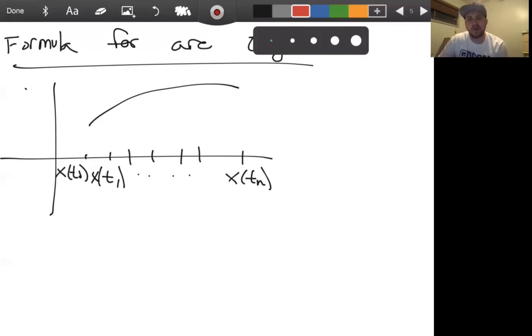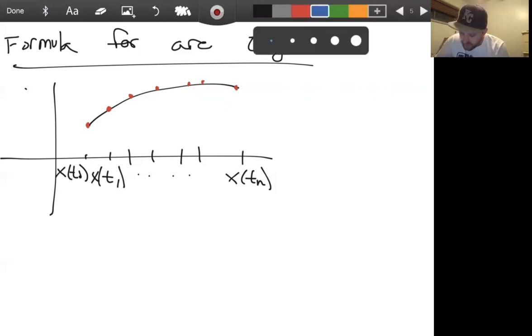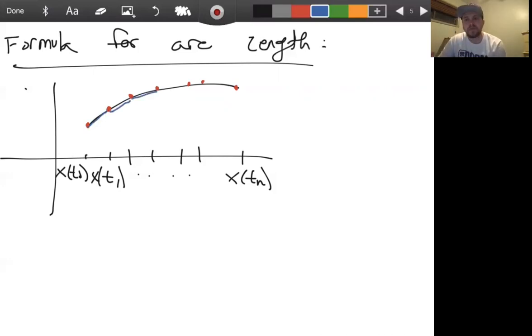We can approximate arc length by taking lengths of line segments here. So this curve, we've now partitioned n times. And to get an approximation for arc length, we can take line segments between the endpoints of our partition, because we can find a formula for linear distance between 2 points, right?